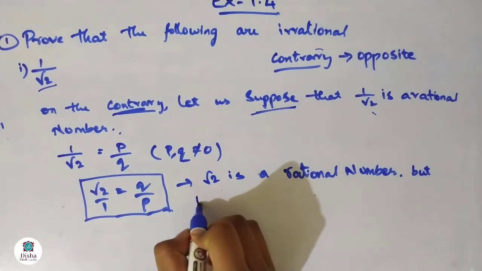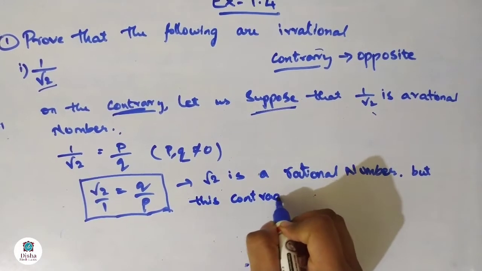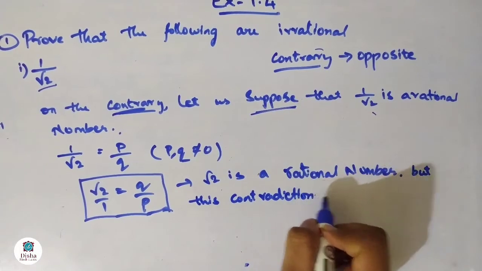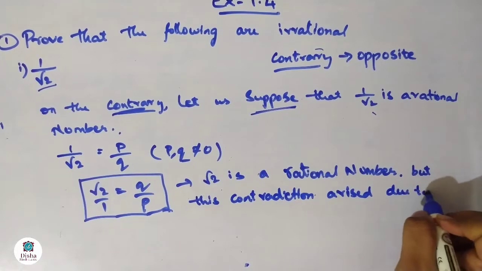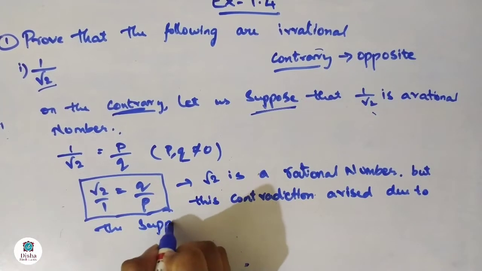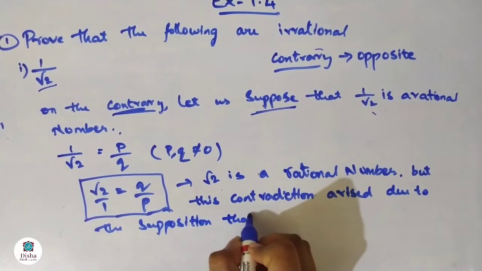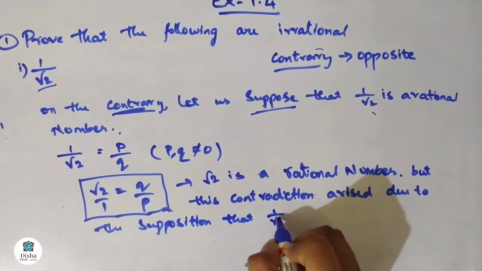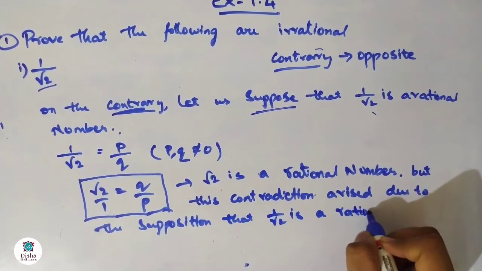This contradiction arose due to the supposition that 1 by root 2 is a rational number.